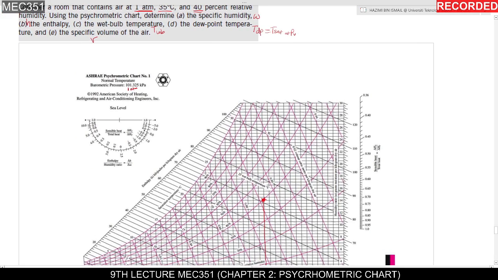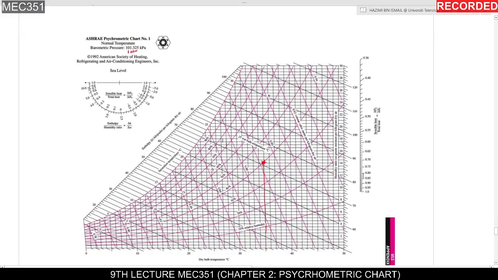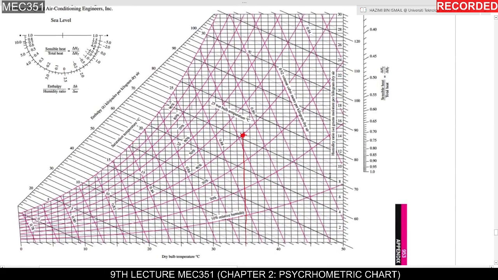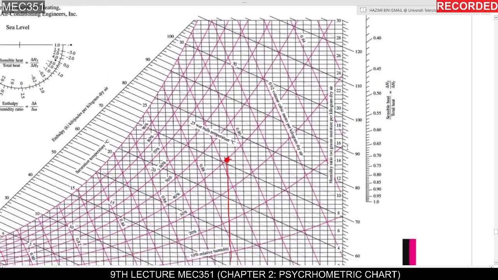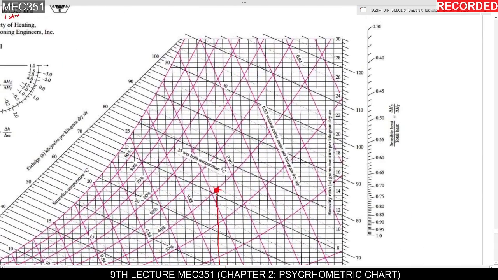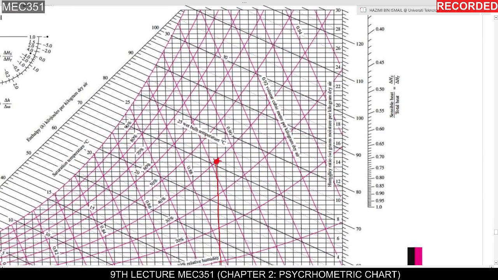psychrometric chart. Okay, so for A, we have to find the specific humidity. Once again, if you forget where the specific humidity is, you just find any particular words on this graph, and then okay, I found this is humidity, but it doesn't state whether it is relative or specific, right?